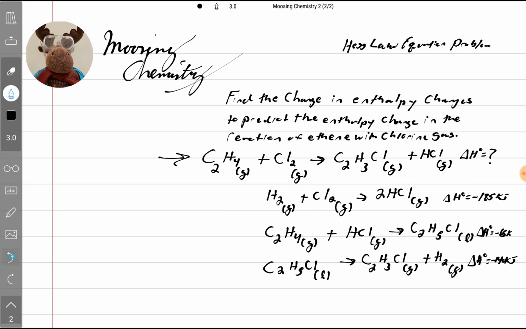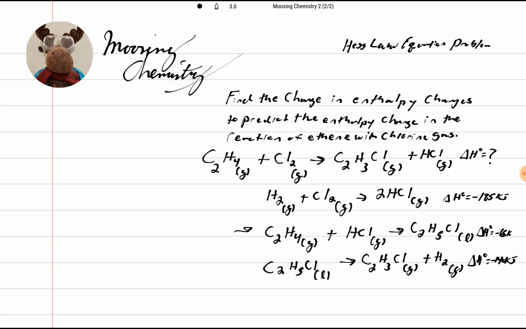I just did those things. All right, so now we've got C2H4 gas, so we see that here, and we see that one here. We've got the Cl2 on the right side there, so that looks okay.